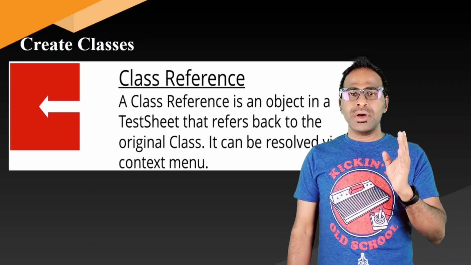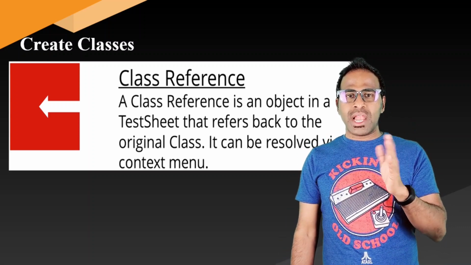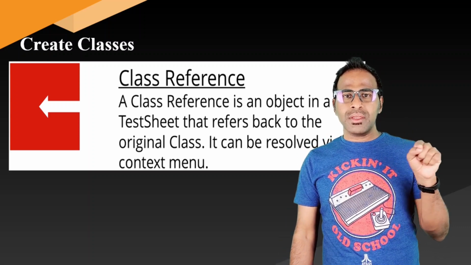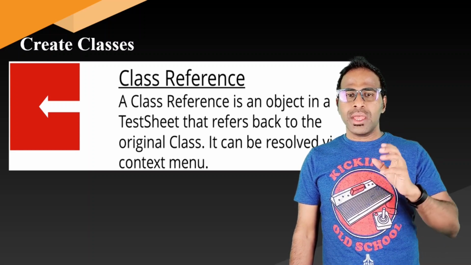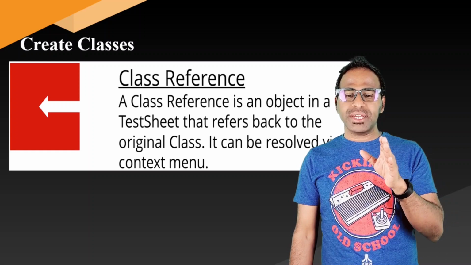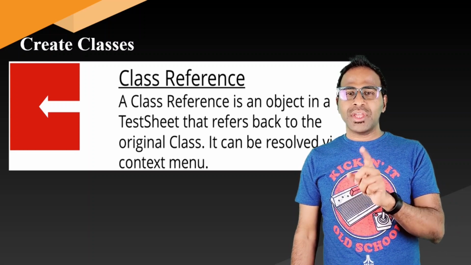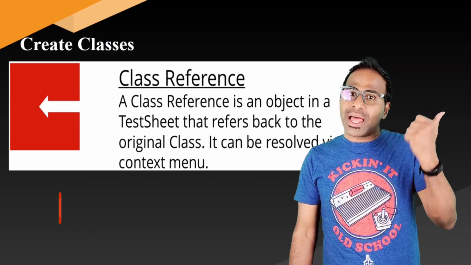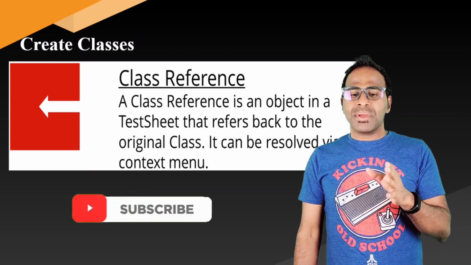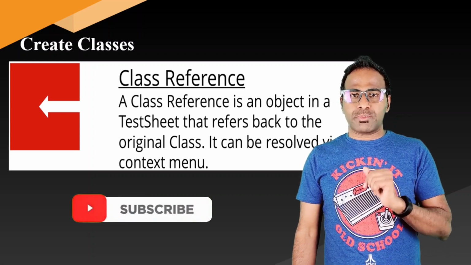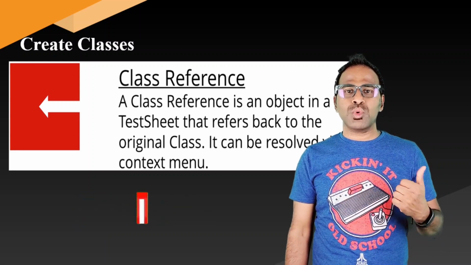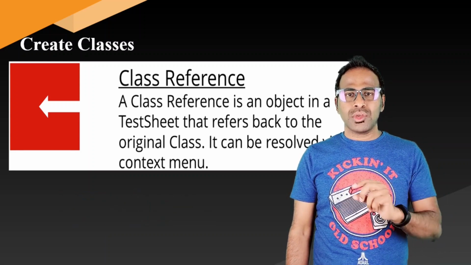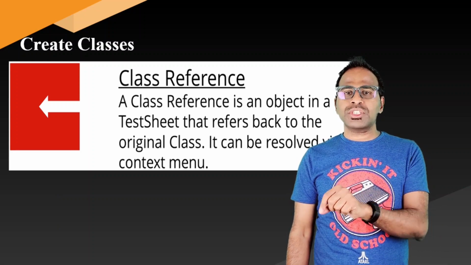Whenever an attribute converts to a class reference, an arrow mark will be shown on that folder. A class reference is an object in a test sheet that refers back to the original class. It can be resolved via the context menu. That means if you want to make a change and you don't want to impact the main class, you have to resolve your reference and then make changes locally.